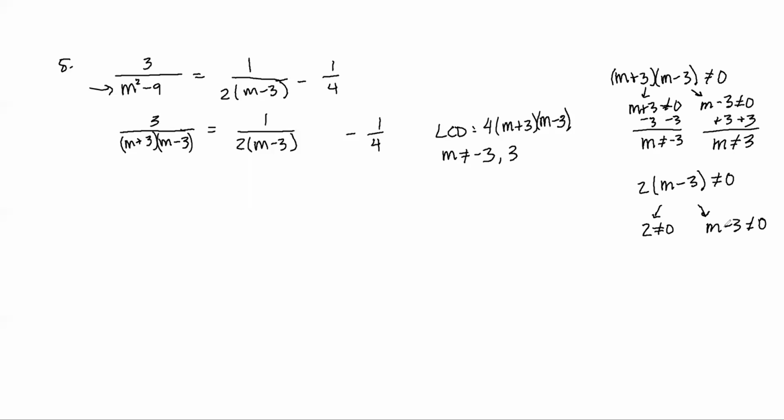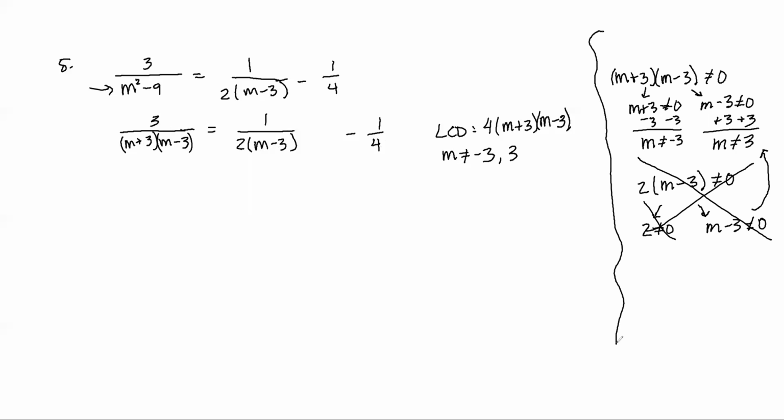Well, m minus 3 was taken care of up here, so we don't have to do that one again. And 2 cannot equal 0 is just a true statement. That doesn't tell us anything about what m can equal. So we're just going to ignore this one, and we can ignore this guy too because we've already taken care of that. Same thing with this 4 over here. There's no m in that denominator, so we don't care about it. So we didn't really need to do this step here as long as you've taken care of the factor there with the variable in it in one of your other denominators.